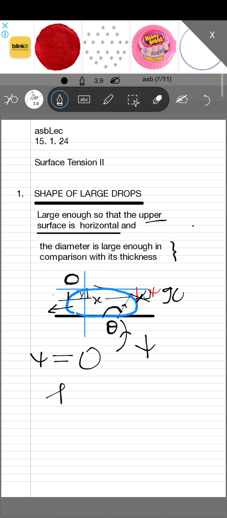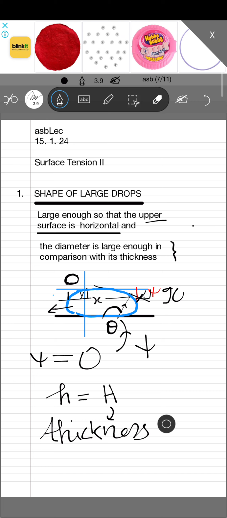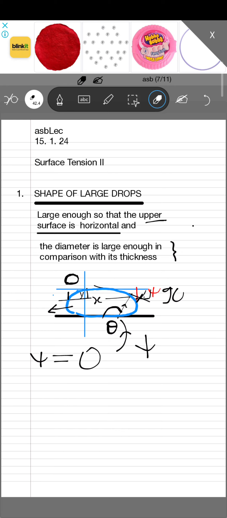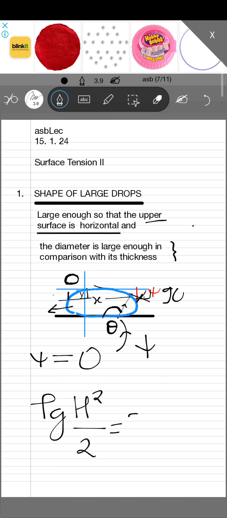The height will be equal to the total height h, or rather it is not the height from the center of gravity but the thickness of the drop. We will ultimately achieve the equation rho g h square by 2 is equal to S (1 minus cos theta).